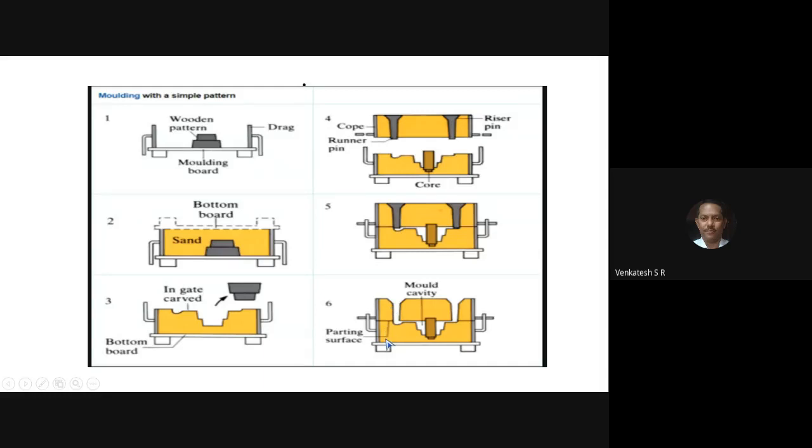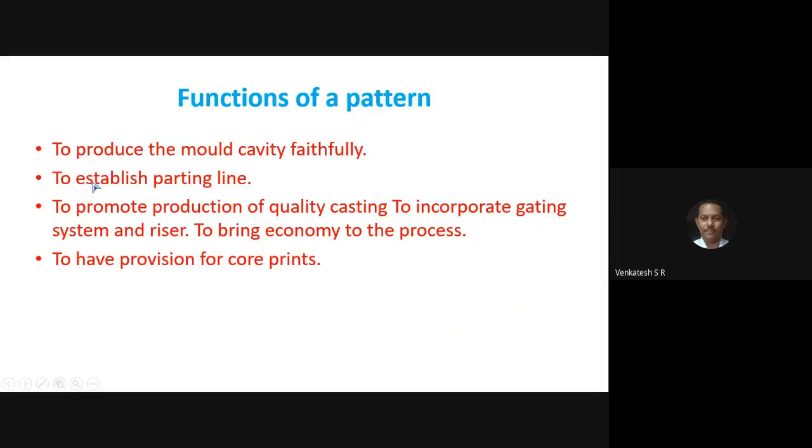Bottom portion is always called drag. So establishing the parting line between the cope and drag is created by the pattern. That is 50% of the casting in the cope and 50% of the casting in the drag. That indicates establishing the parting line in the mold box. That is also one of the functions of the pattern.